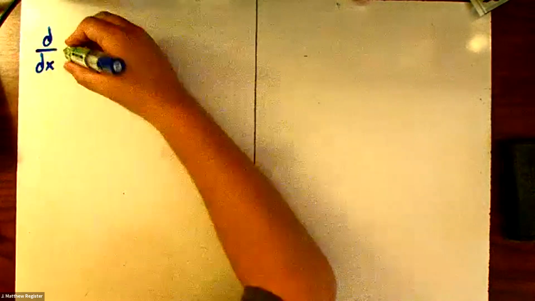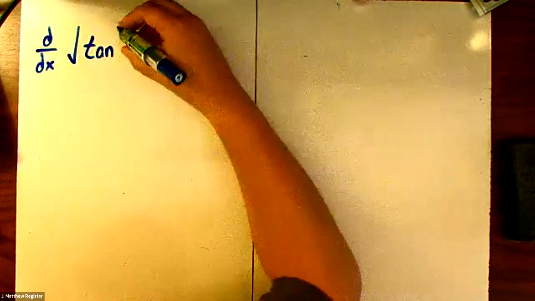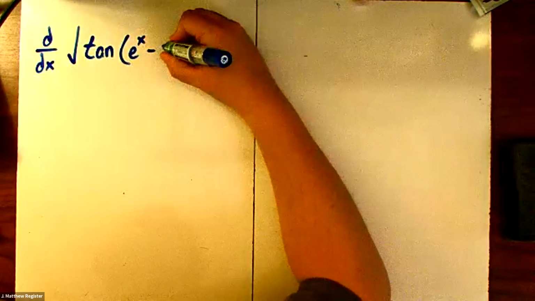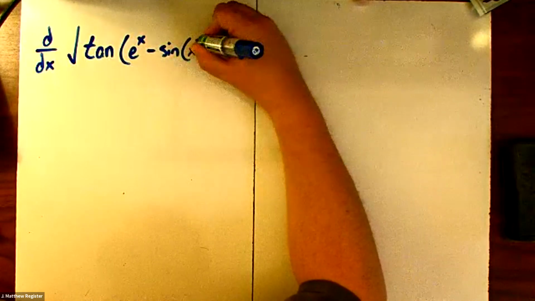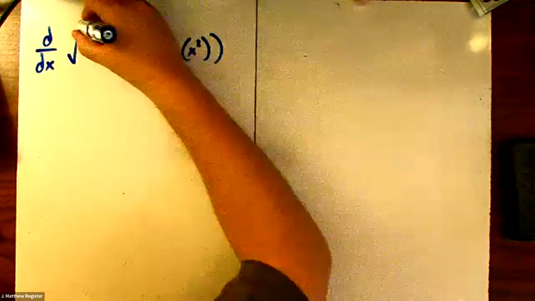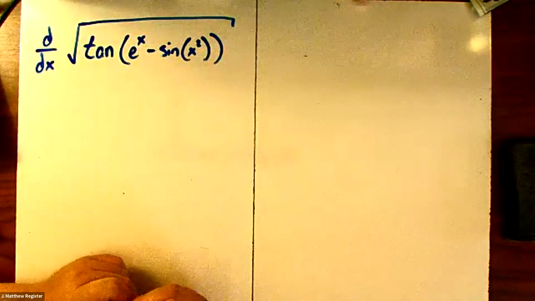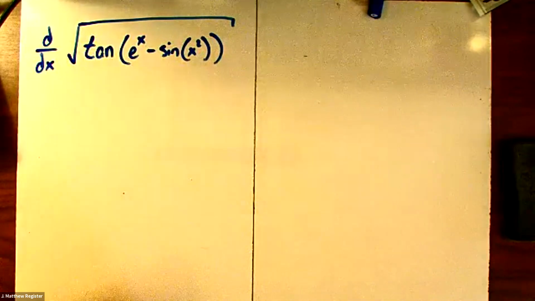The derivative of, how about, the square root of tangent of e to the x minus the sine of x squared. Give this one a shot, and then we'll compare.